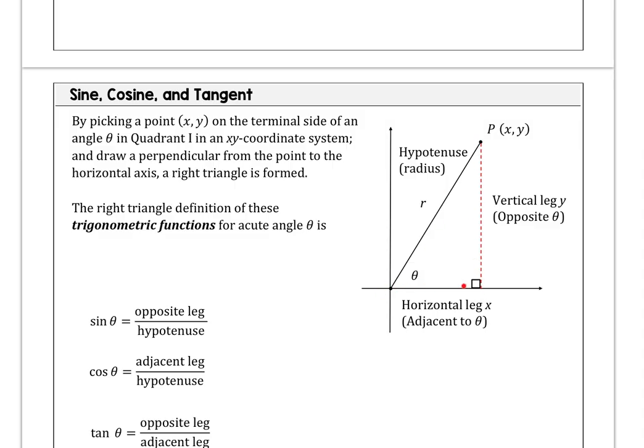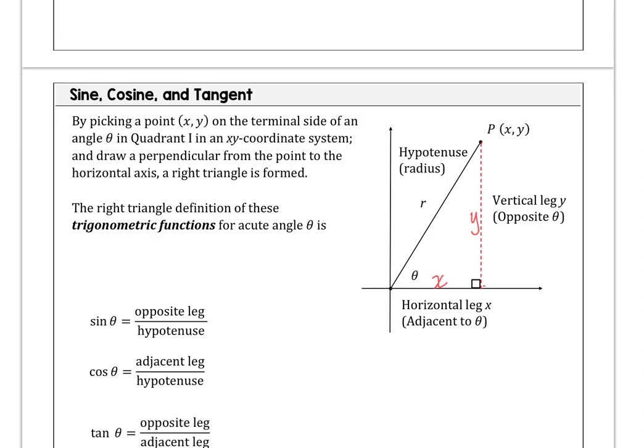So we've got the initial side on the x-axis, the terminal side is in quadrant 1, and you draw a perpendicular back down to the x-axis. We can use the right triangle definition of the trig functions for acute angles. We're calling that theta. This distance is x. And from the x-axis up to the point, that distance is y.